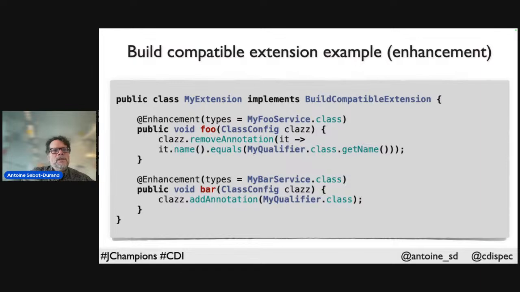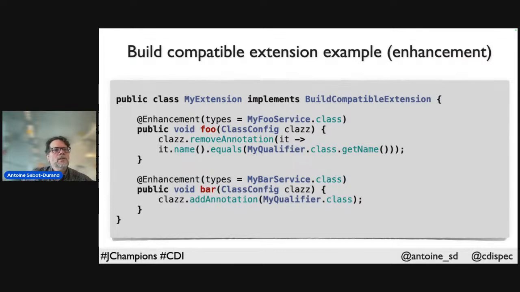After that, I have a specific signature linked to the @Enhancement. So I get the object class config coming from the new Java model of the build-time compatible extension. And with this object class, I can do a bunch of stuff. And here I remove an annotation.